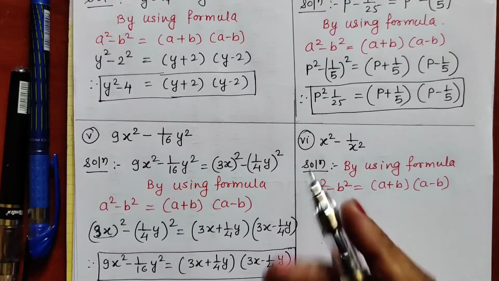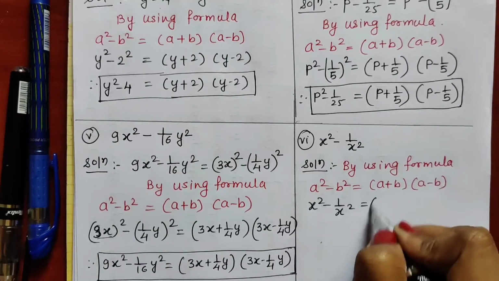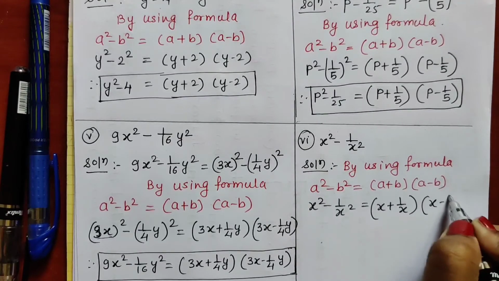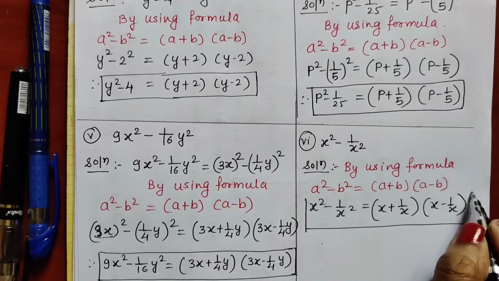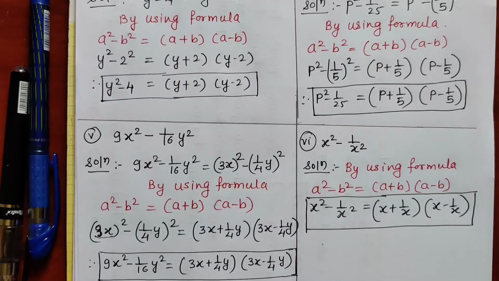Use the formula. x square minus 1 upon x square means what? (x plus 1 upon x)(x minus 1 upon x). We cannot solve after this because all the variables are there, no number is there. So this is the answer. Now let us see the next sums.